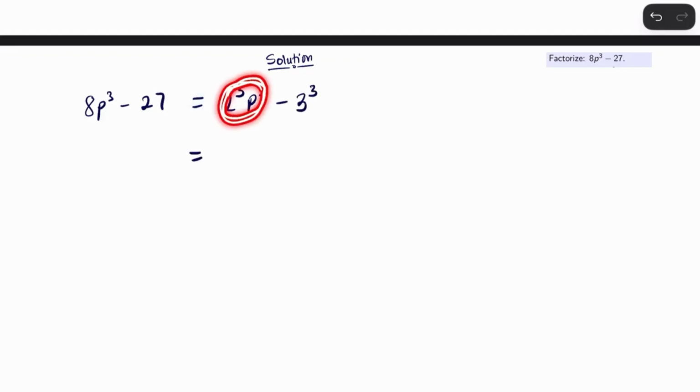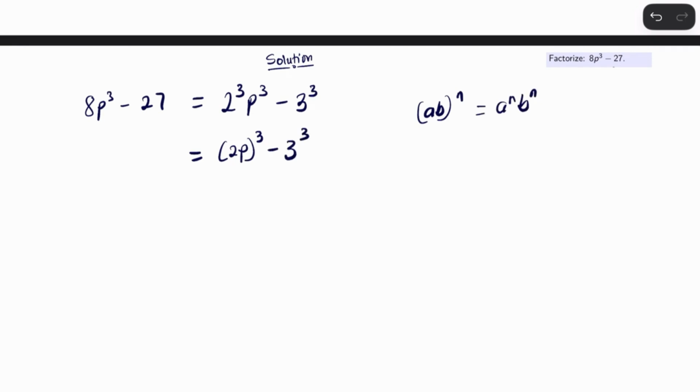We can combine this as a single term, so that will be (2p) all exponent 3, because if you have (ab) exponent n, this is just a^n b^n, right? So then this will be minus 3 cubed. Now, suppose you have a cubed minus b cubed.